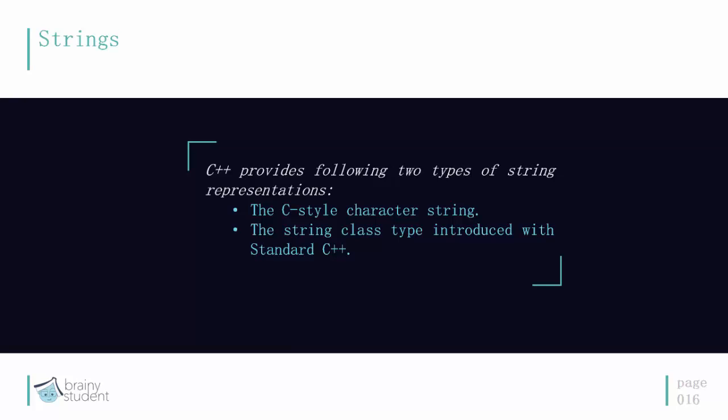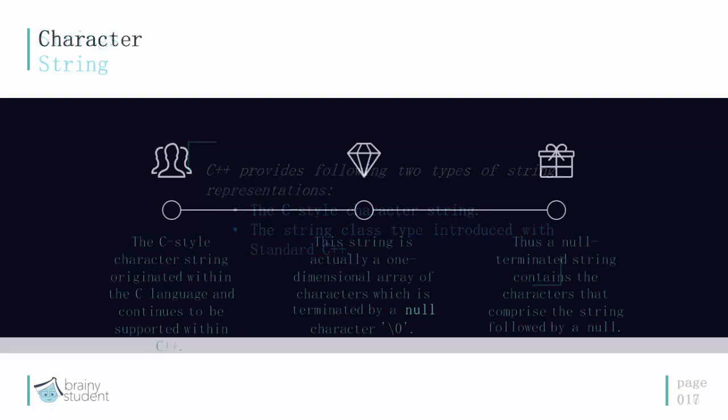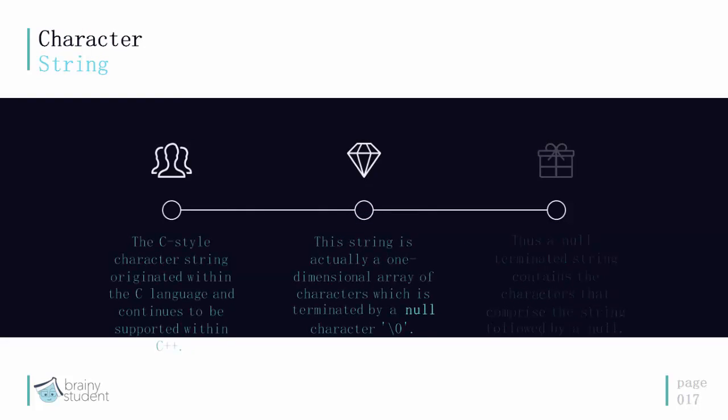A string is a group of characters ended with a null character. It is also known as an array of characters. Next we have character strings. The C style character string originated within the C language and continues to be supported within C++.